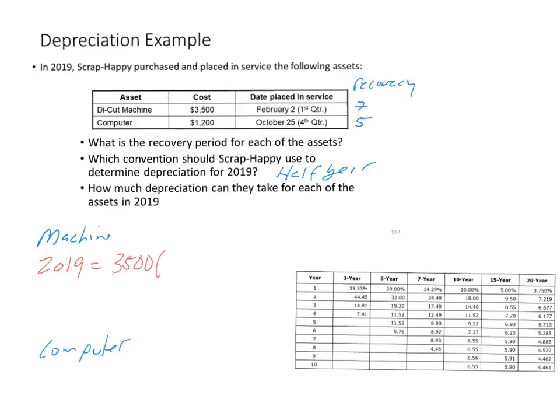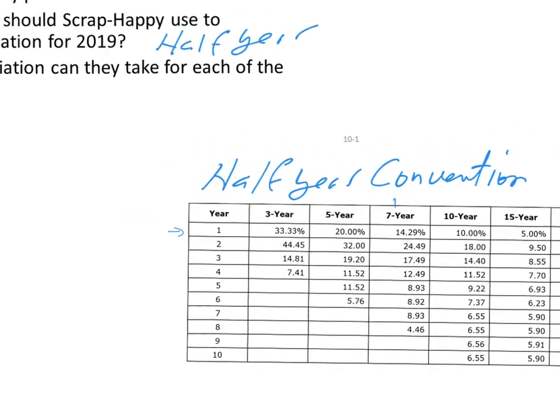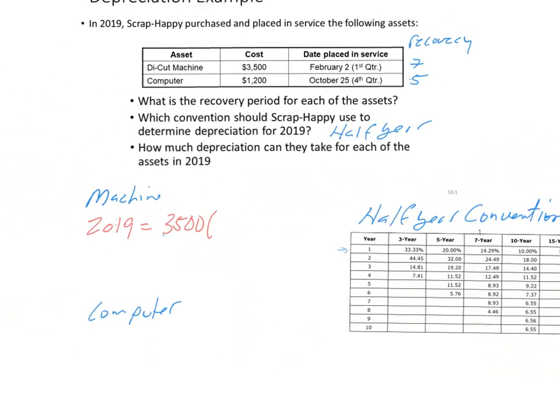All right, and now I've inserted a portion of our half-year convention table down here. And so we have to enter this table at our recovery period. All right, and so we're talking about the machine. And so the machine is a 7-year recovery period. And 2019 is year 1. All right, so we're looking at 14.29%.